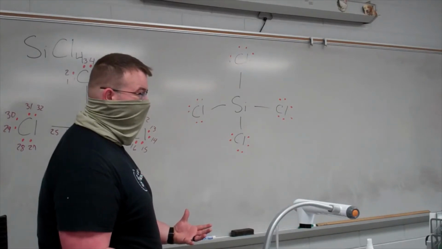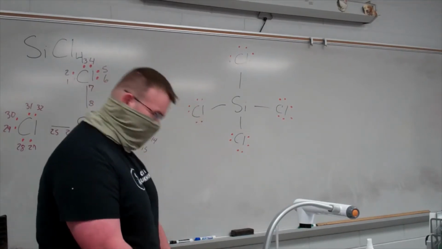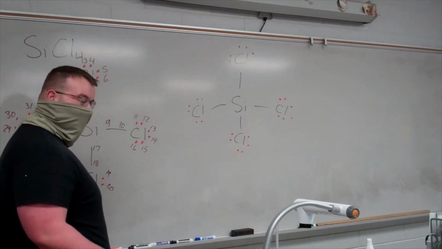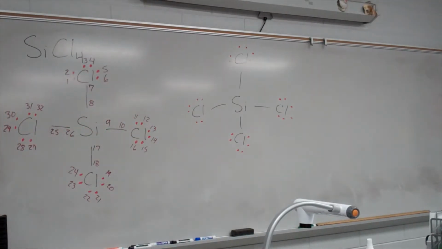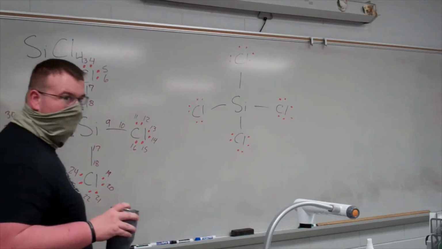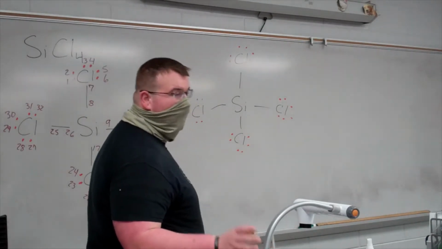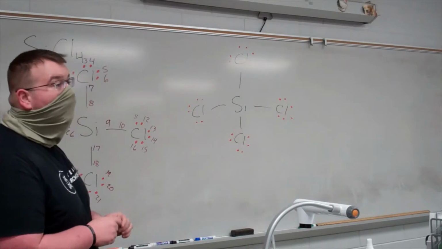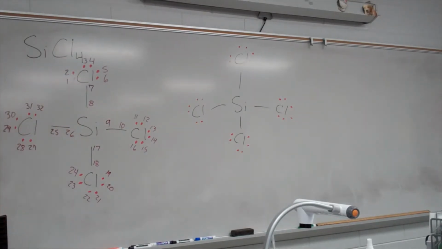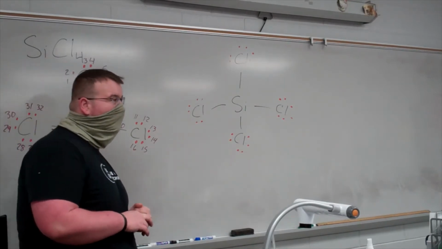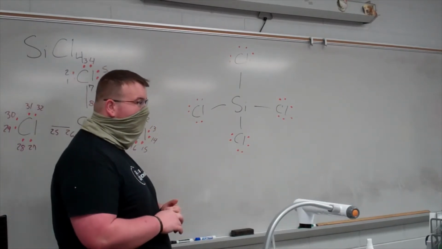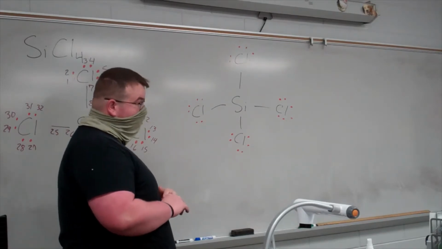I'll be honest, I guess. Somebody give me more than a guess. What was the key for resonance structure? Don't you need a bond for that? What type of bond?